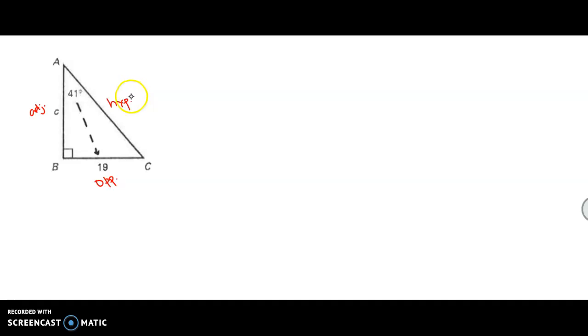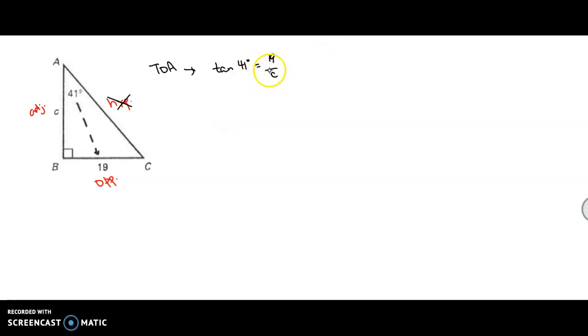So since we're not figuring out the hypotenuse, I have opposite and I have adjacent, which trig ratio deals with opposite and adjacent? That's going to be tangent, right? Because tangent is opposite over adjacent. So my setup here is tangent of 41 degrees is equal to the opposite side 19 over C. Okay?